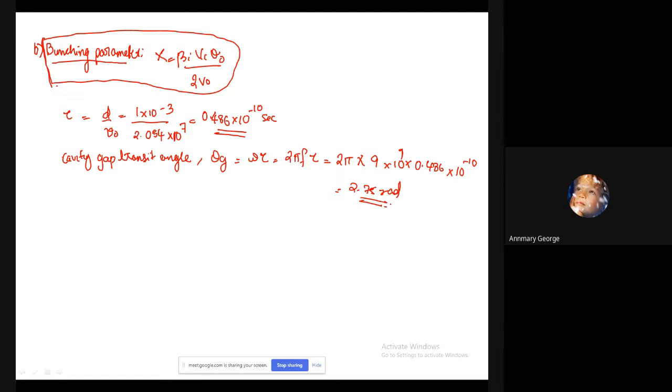Have you completed this much? So we got the value of theta g as 2.75 radians.